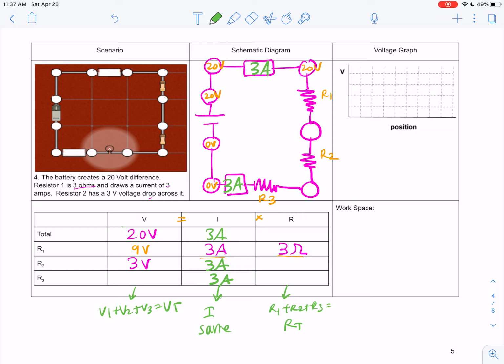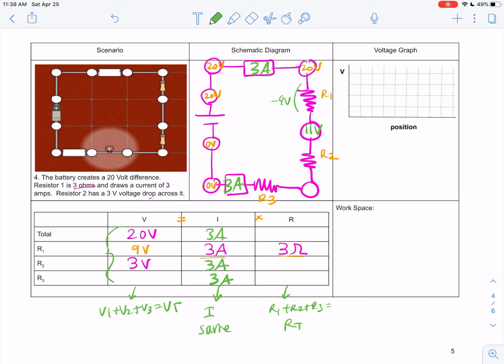But what I want to point out here is I can figure out what this third voltage drop is based on what's available. If I had 20 volts to start with, resistor 1 got 9, resistor 2 got 3, then the third resistor is going to have to get the rest, because it has to go to 0. So let's go ahead and look at it in the circuit. If I drop by 9 volts here, what's going to go in this circle then? 11, right?